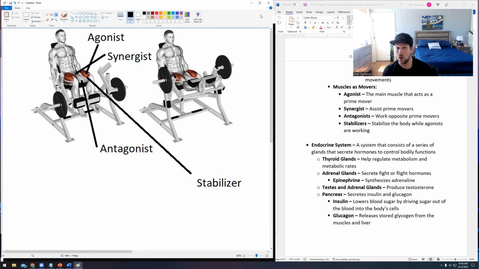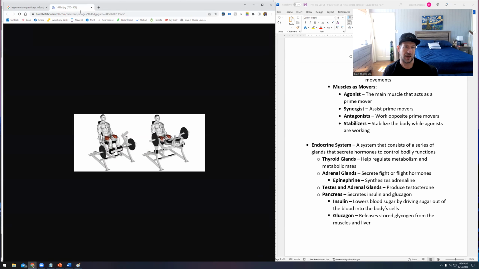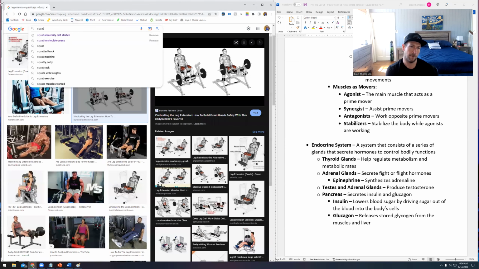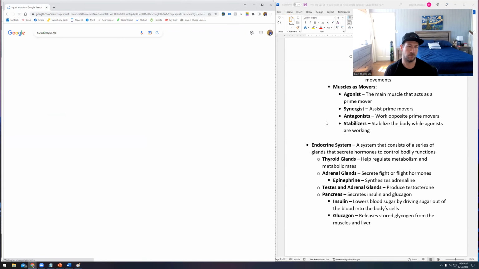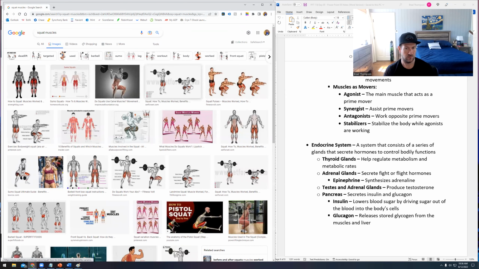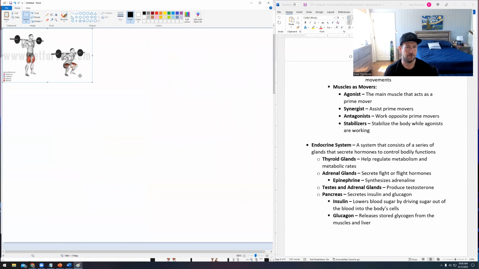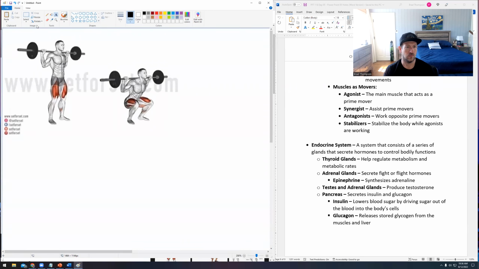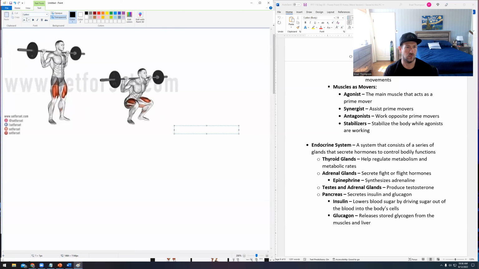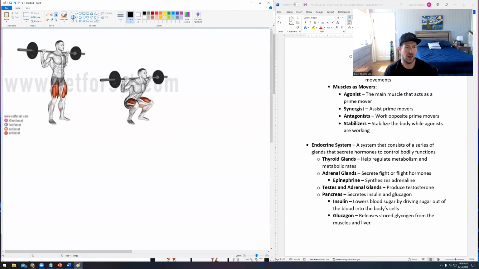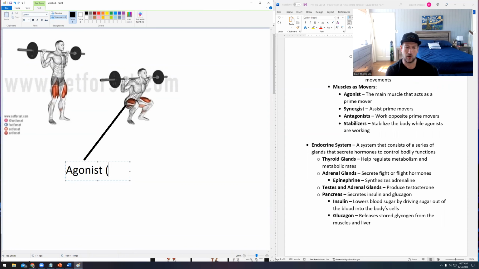So if this were a squat though, right? If we flip this around and look at the squat, sort of copy the same thing here. We've got the gluteus maximus. The gluteus maximus is your agonist or your prime mover.